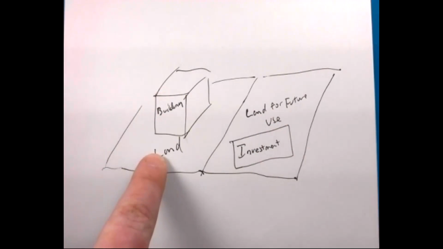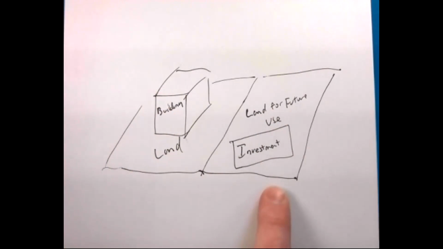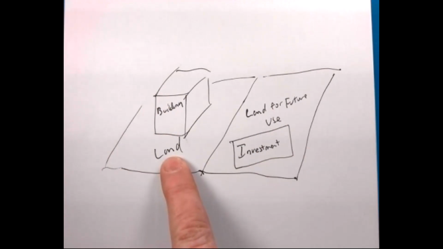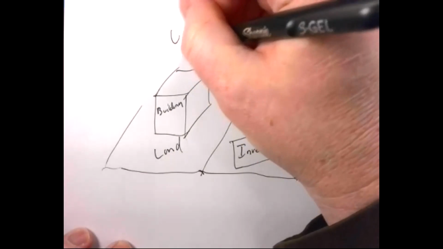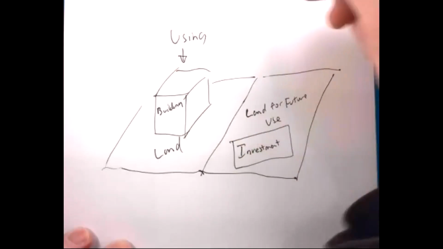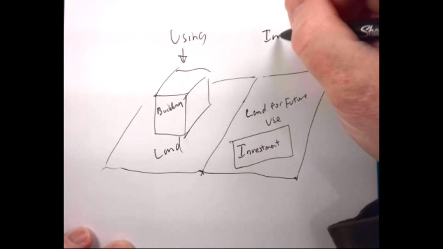So, the land and building are just regular old assets, but this is going to be an investment because you're not actually using the land in your business, but you own it. I mean, you own it, so it is an asset. It's just you have it on the books as an investment rather than something you're using. So these are what you're using, and this will be the investment.